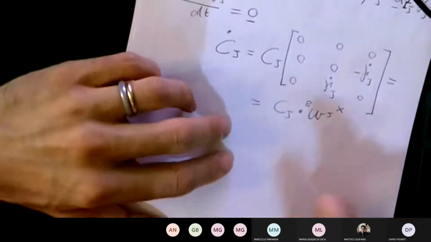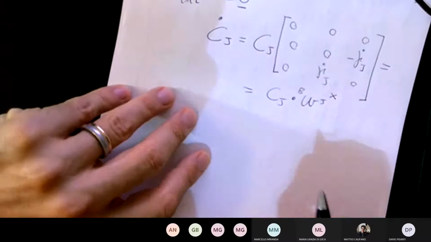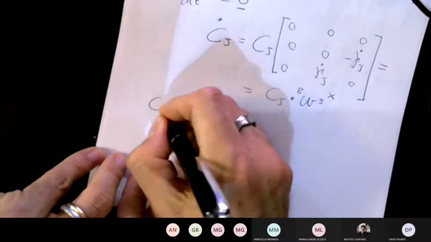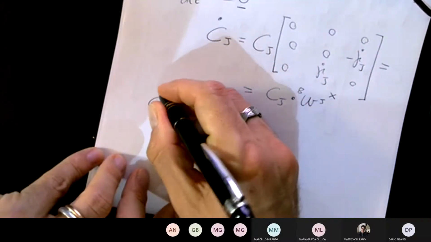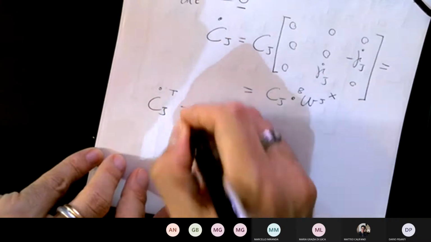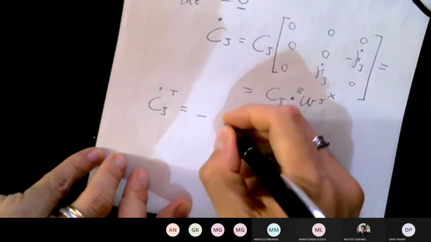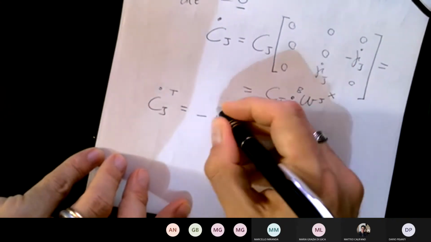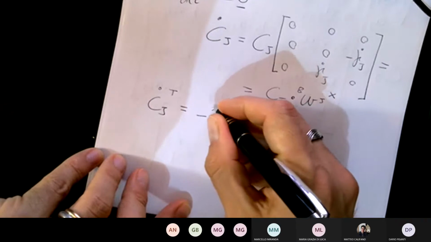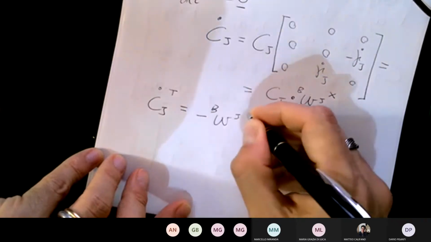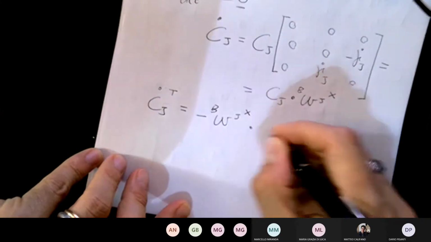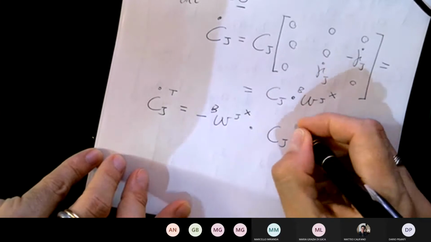You can also prove that the following relationship holds, that CJ dot transpose is equal to minus omega J B skew symmetric matrix times CJ transpose.